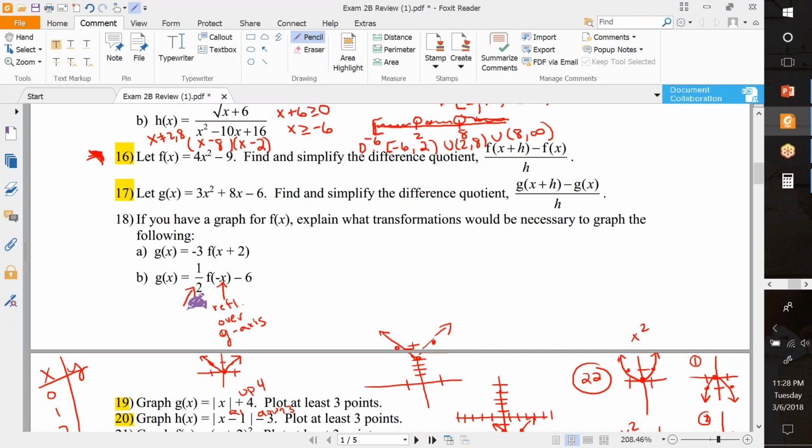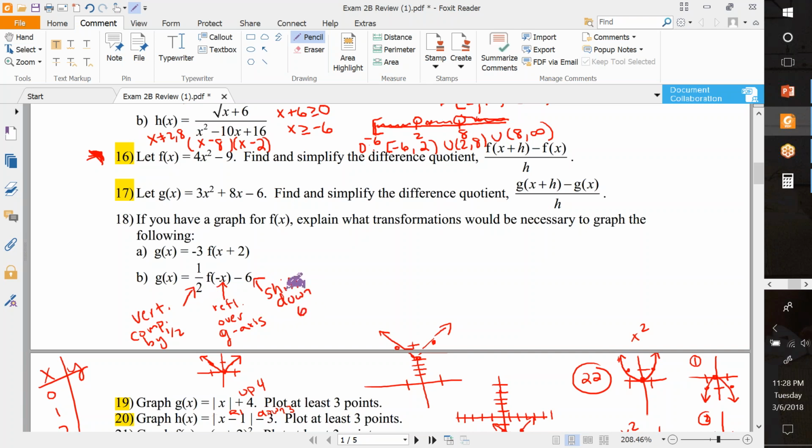Remember, we're not graphing this, we're just describing it. So anytime you have a number in front of the function, it's going to be vertical, and it does exactly what you think. So a number bigger than 1 stretches you bigger, a number less than 1 compresses you smaller. So this is going to be a vertical compression by 1/2, and then this is shifting down 6.